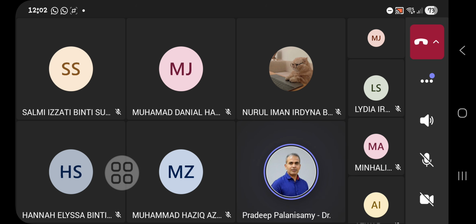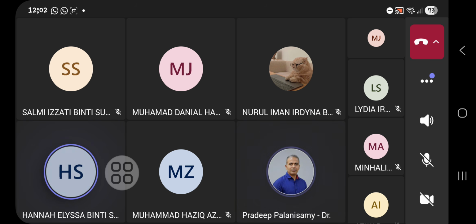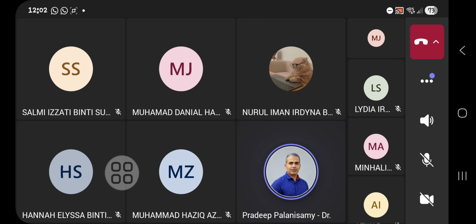I had sessions with you on the histology of the liver. Again, with histology, basically it's how to differentiate between the classic lobule, portal lobule, and these things.